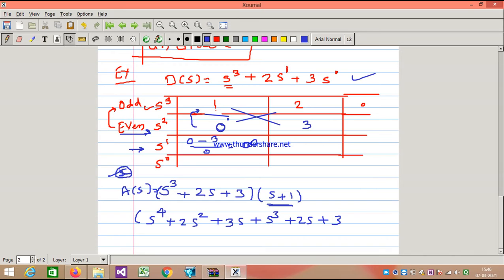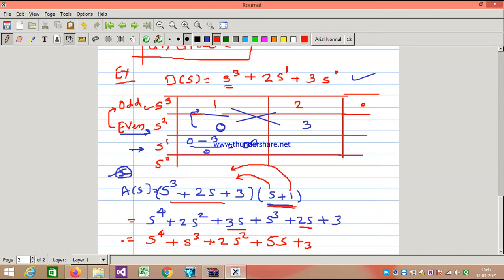What we do here is take the multiplication, where we multiply this bracket with this bracket. Initially I multiply with s to everything, then I multiply with 1 to everything, and like this we get the equation. Now to reduce the equation: s raised to 4, then s cube, then 2s square, then 3s and 2s becomes 5s, plus 3.